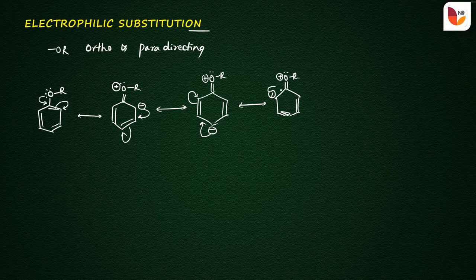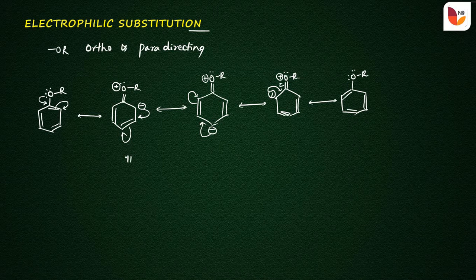And finally, the original structure arises in the next structure, that is, double bonds, and it is O, R, and two lone pairs of electrons.